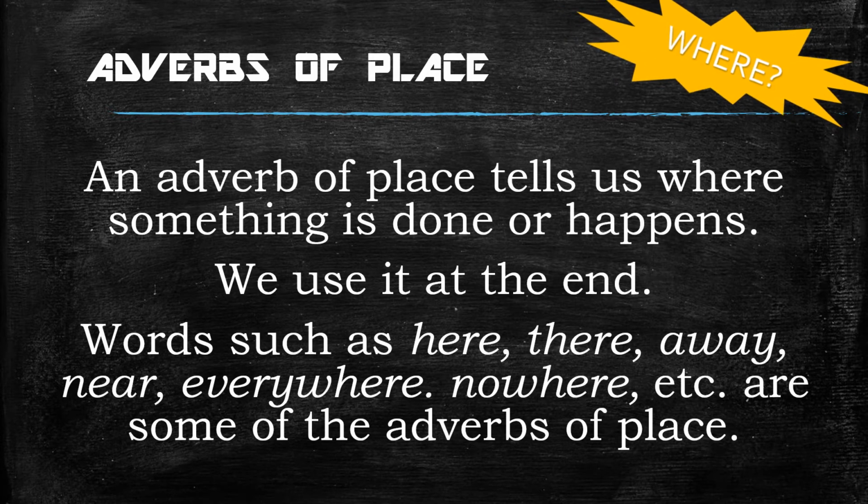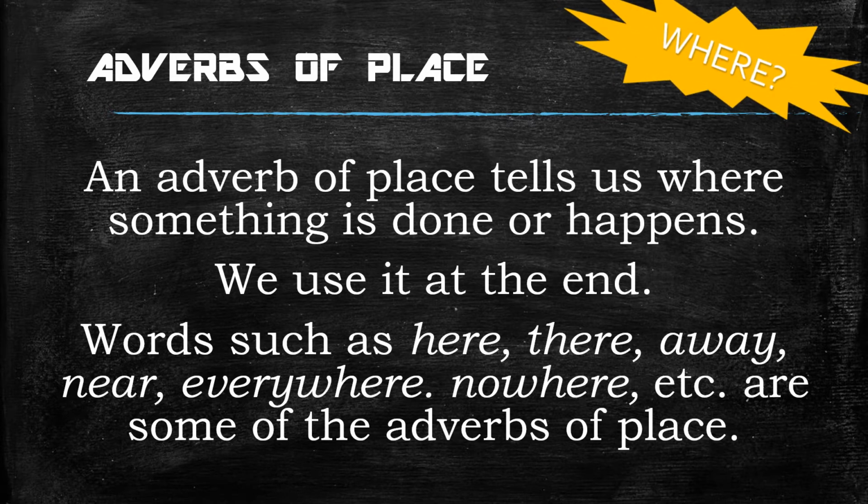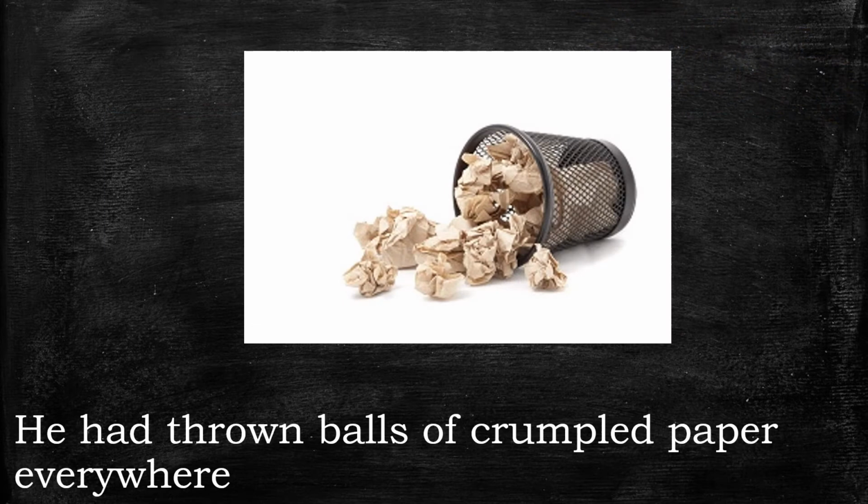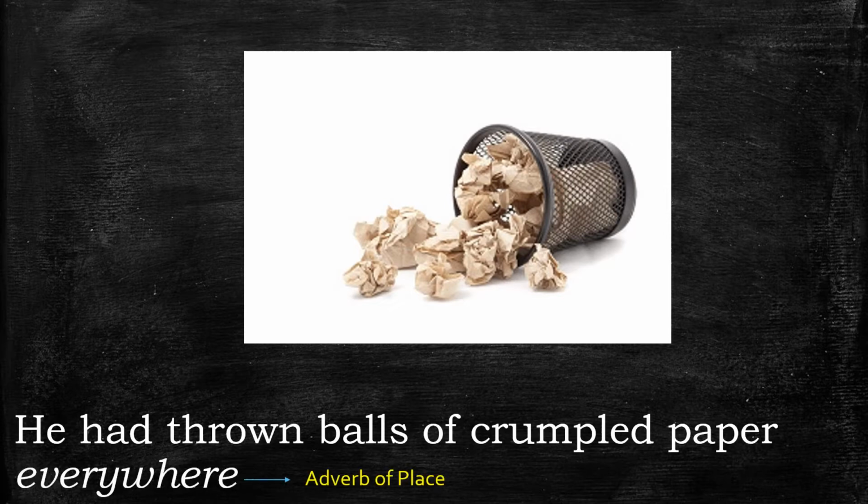Words such as here, there, away, near, everywhere, nowhere, etc. are some of the adverbs of place. For example, he had thrown balls of crumpled paper everywhere. In this sentence, everywhere is the adverb.